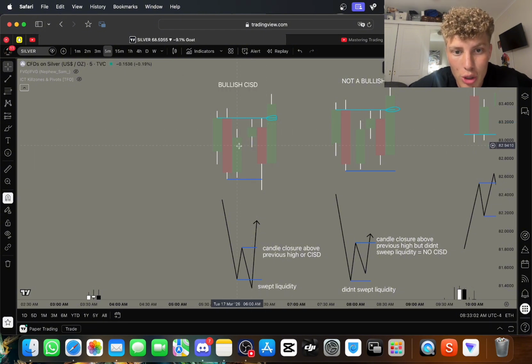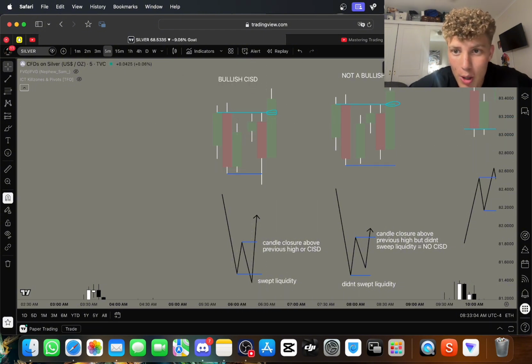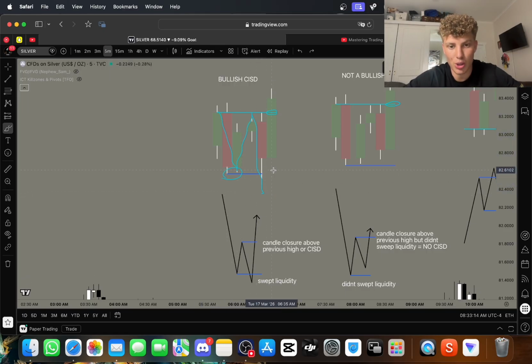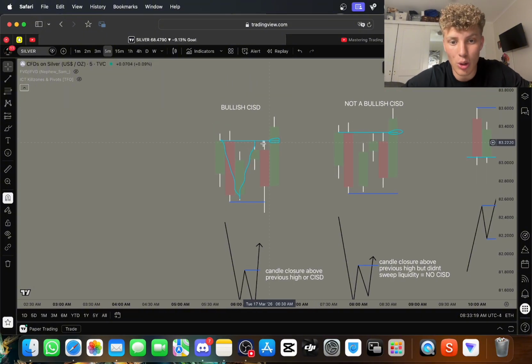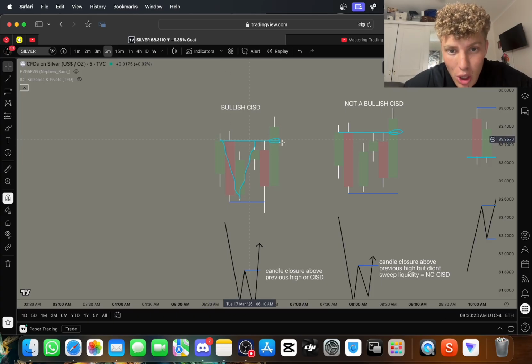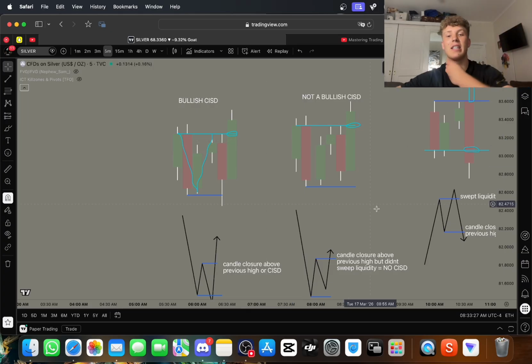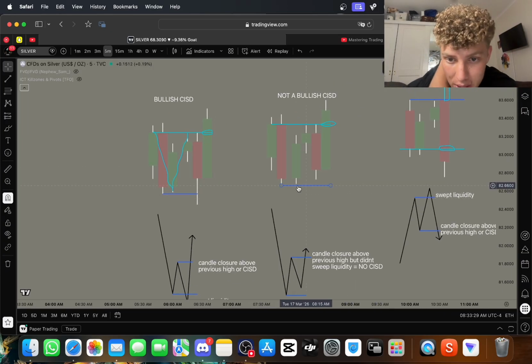We want to look to go higher. Price goes down, sweeps out here, moves higher. We sweep liquidity of this previous low right here. So if we sweep this, and then next we get this candle closure up here, above this previous high, boom, CISD. What makes it not a CISD is not sweeping liquidity of this previous low.